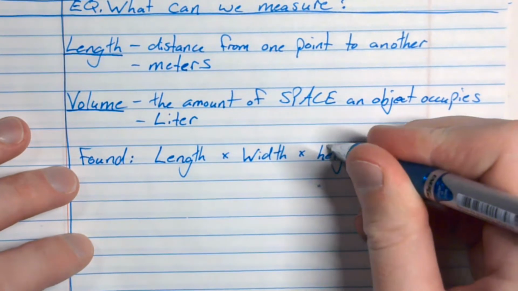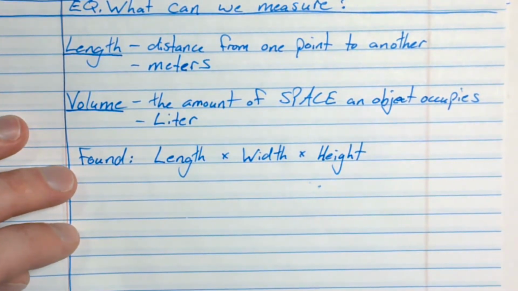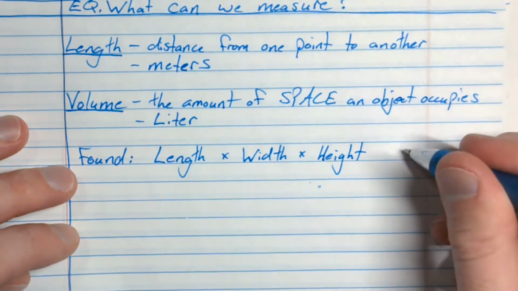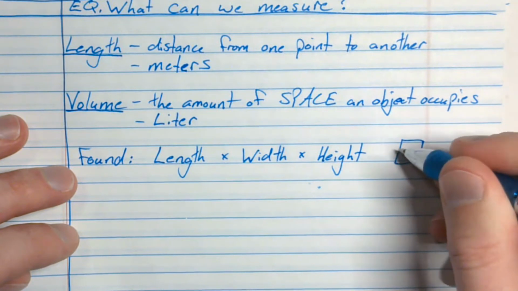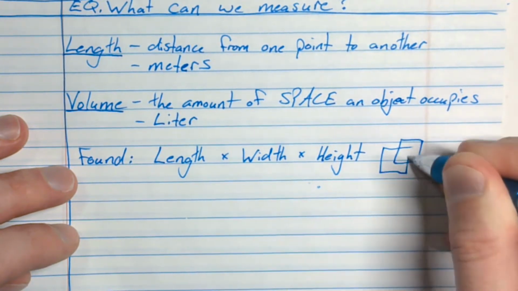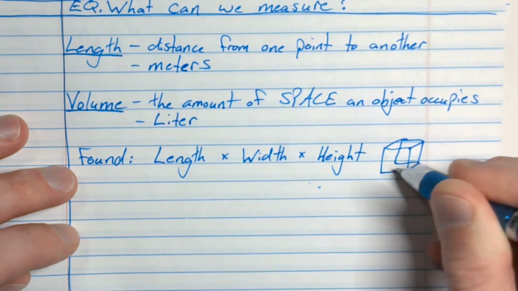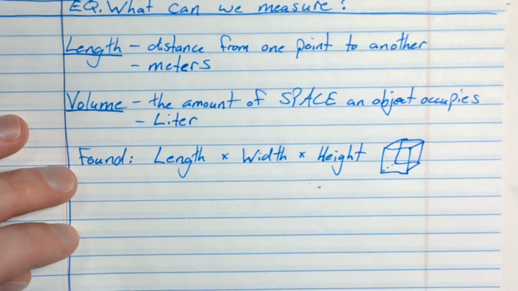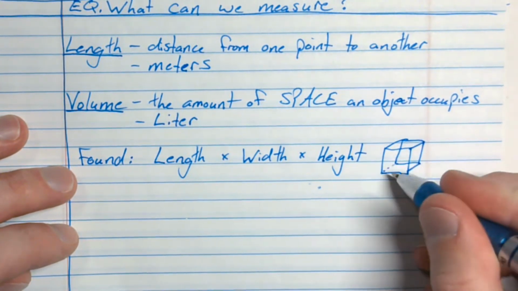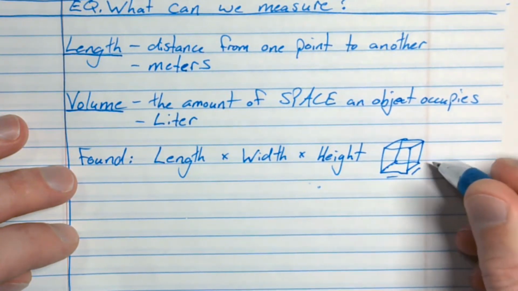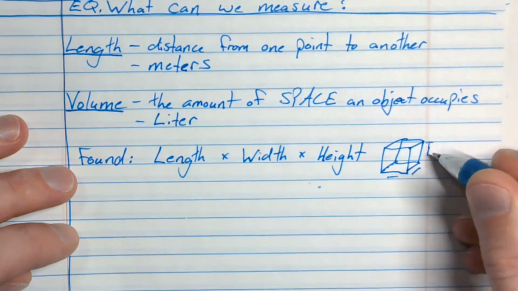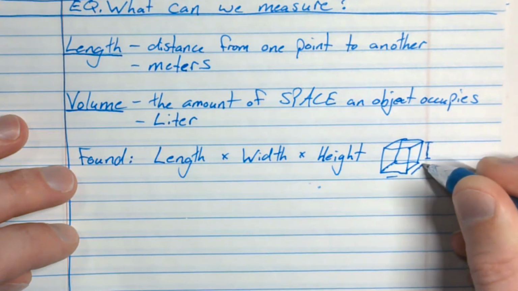I don't know why I didn't capitalize the H there, sorry. So in that case, we would have a box, almost, yeah, right? Let's finish that. So then we would have length, width, and height.